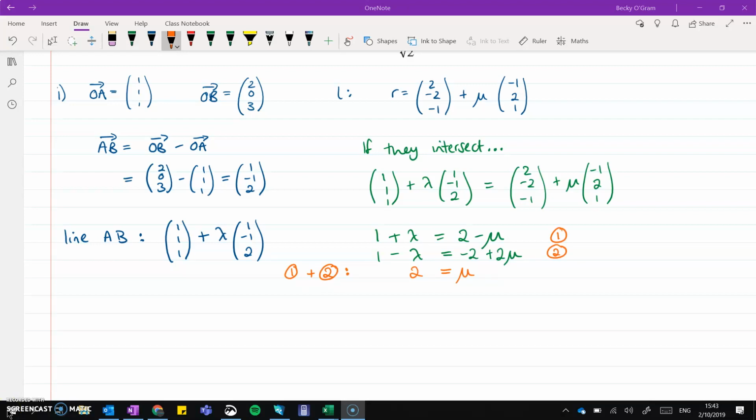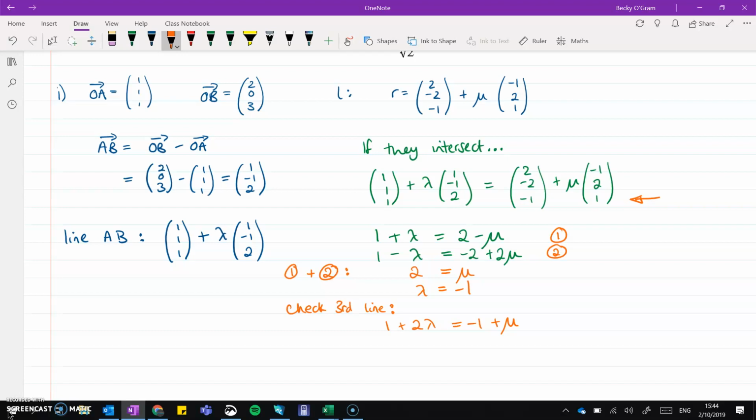Then from there we can work out lambda by putting it back into equation number 1. So if mu is 2, this comes to 0. This would also have to be equal to 0, so lambda would have to be minus 1. Then we check it against the third line. So check the third line: we would get 1 plus 2 lambda equals minus 1 plus mu.